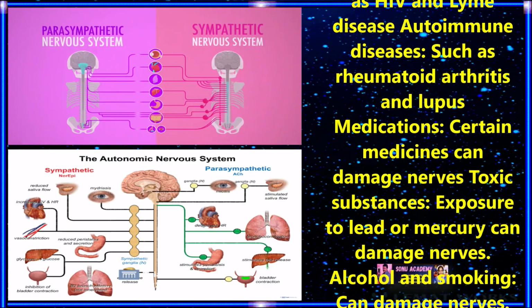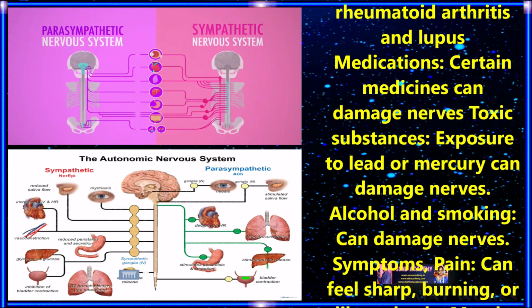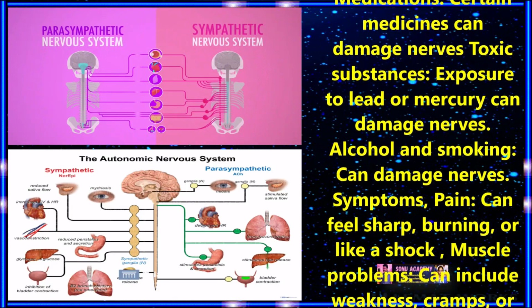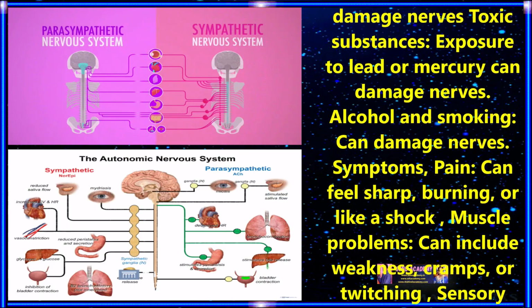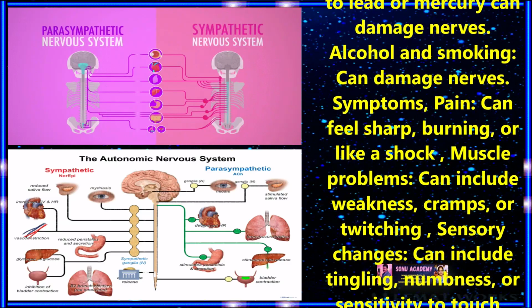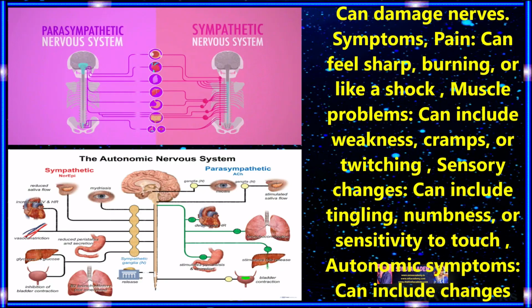Certain medications can also damage the peripheral nerve system. Then exposure to toxic substances such as lead or mercury can damage the peripheral nerve system. Alcohol and smoking can also damage the nerves.